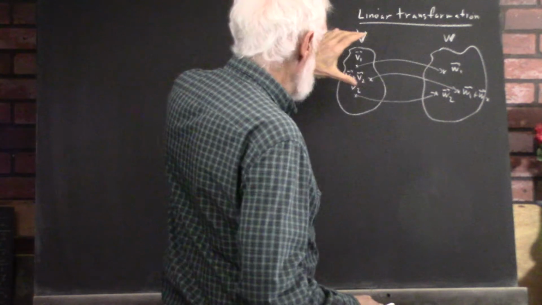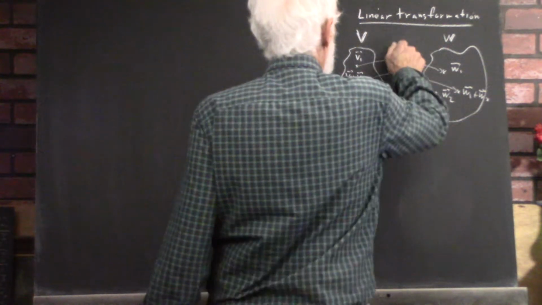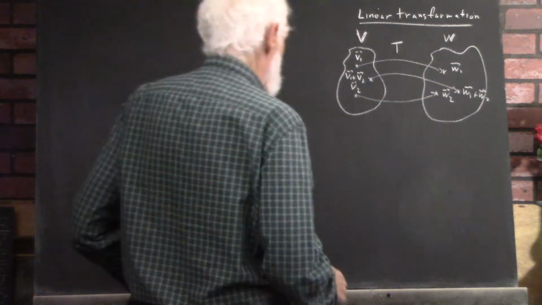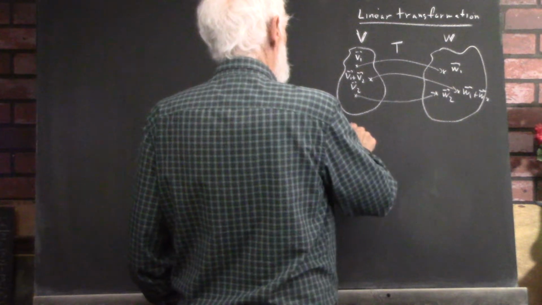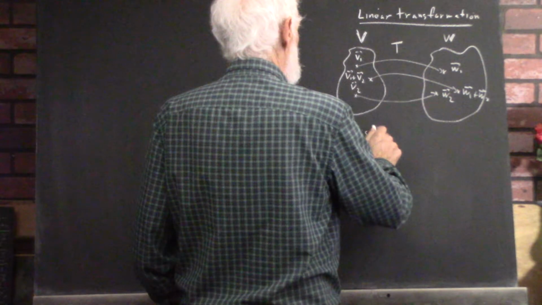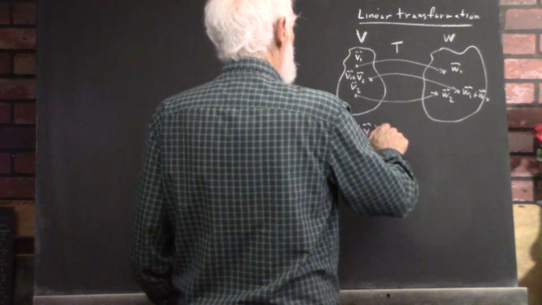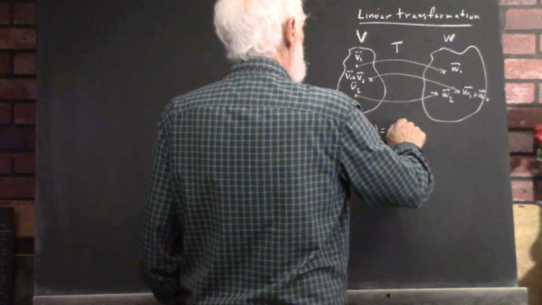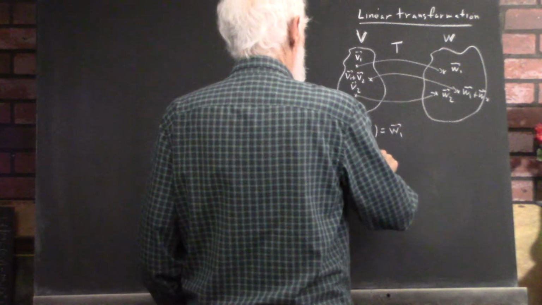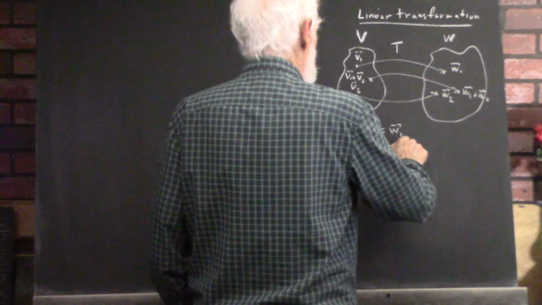Now if we've got a linear transformation, a transformation is a rule for transforming vectors in this space into this space, or mapping vectors from this space into this space. So let's say we've got a transformation T, then we say that T of V1 equals W1, and T of V2 equals W2.